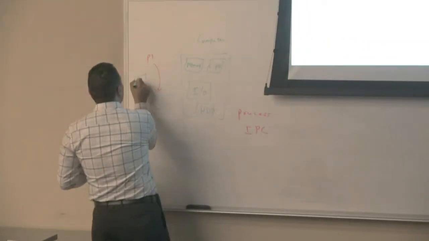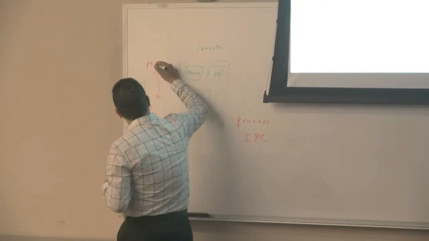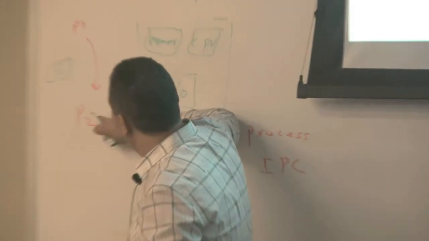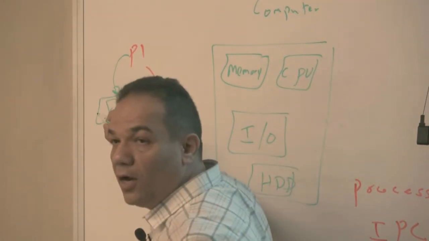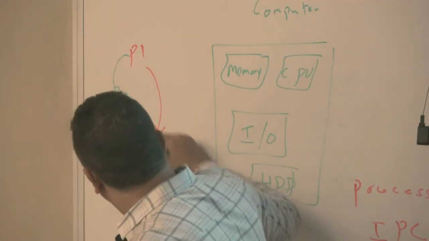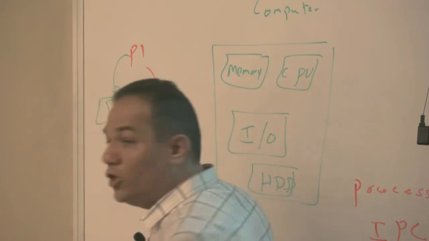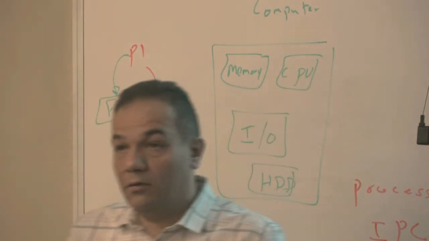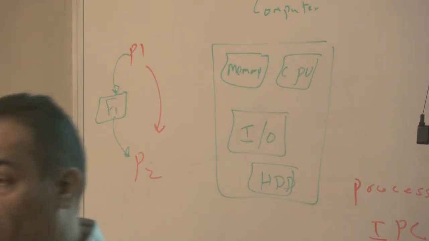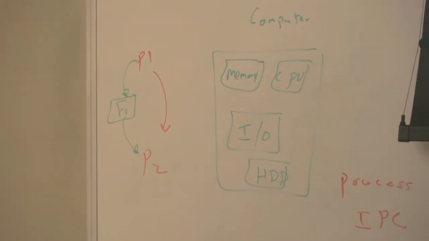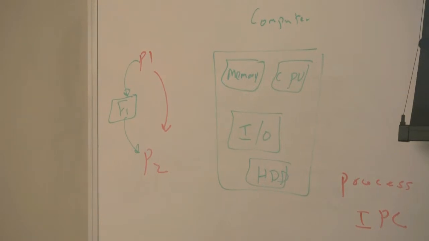I'm just giving you the basics here. When process one needs to share data with process two, it puts it in the file, and process two reads it from the shared file. Or it could use a pipe.